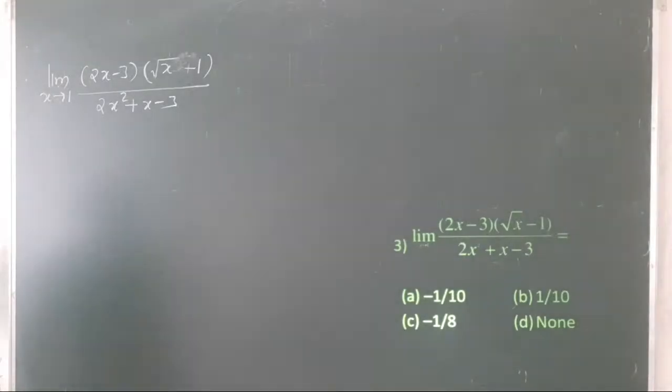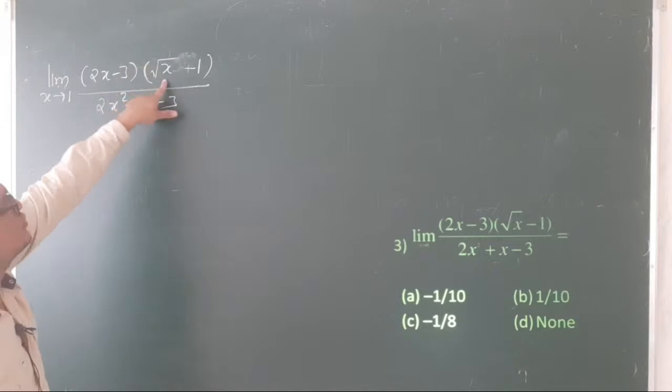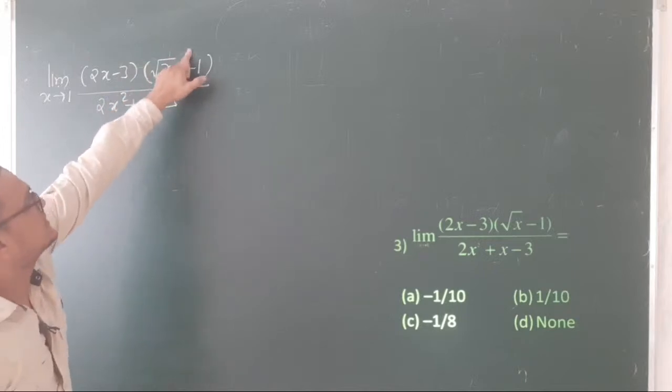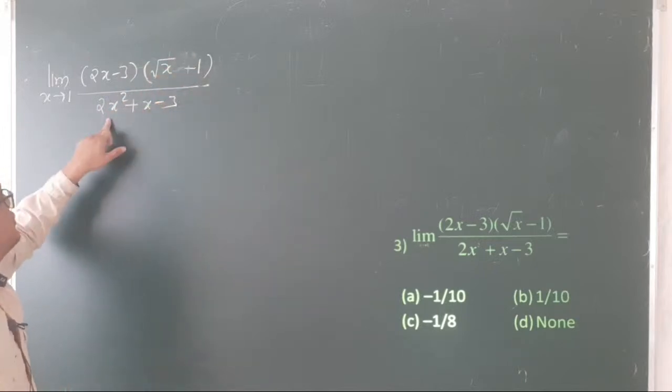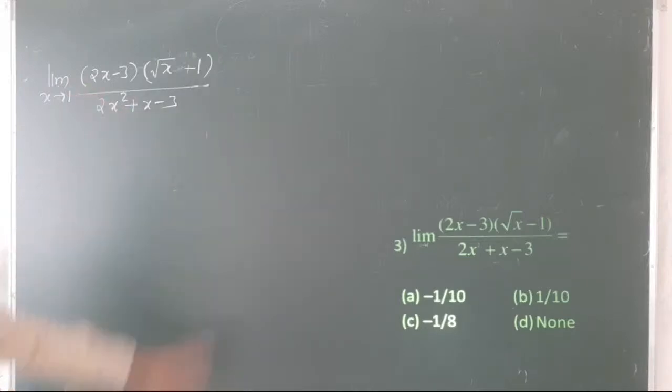So, limit x tends to 1, (2x minus 3) into root of x minus 1 divided by 2x square plus x minus 3. Now, how are you going to simplify this problem? There are 3 or 4 methods I told you: substitution method, factorization method, and rationalization method.